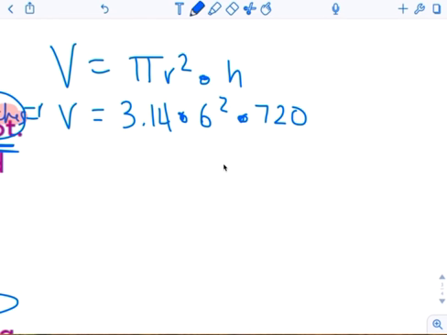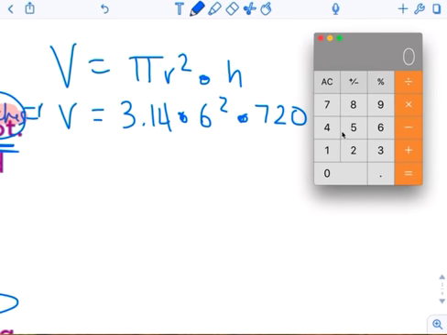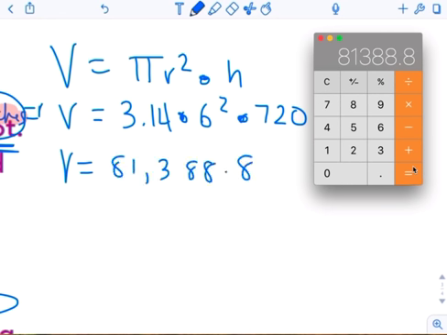Well, multiply all that. Times 36, because 6 squared is 36, times 720. Big number. You would get volume equals 81,388.8. Okay, but only half of it, so divide that by 2.